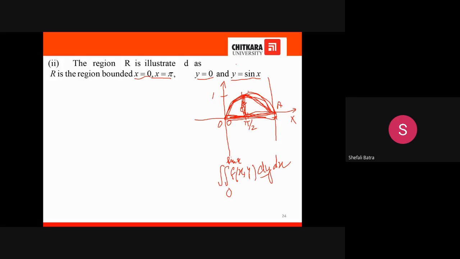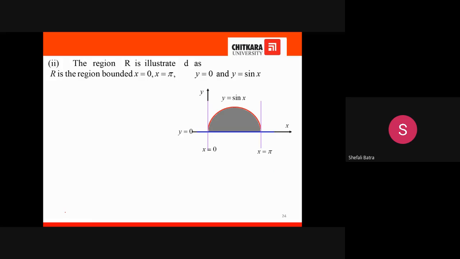I hope it is clear. I'll show you now a neat diagram because I'm very bad at drawing. X is equal to 0, x is equal to pi, and this is y is equal to sine x. And this shaded is the region of integration. So you are drawing a vertical strip here.